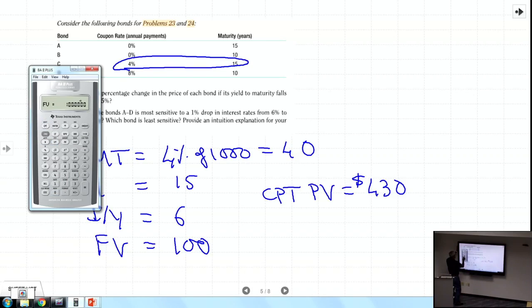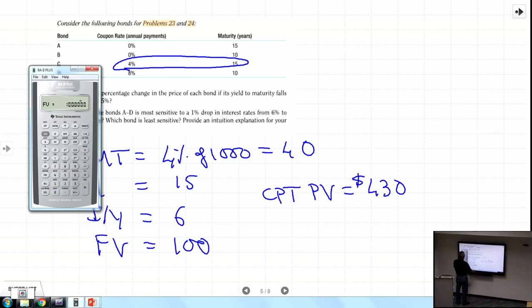I'm going to compute present value. $100 future value. That's where I'm making a mistake.